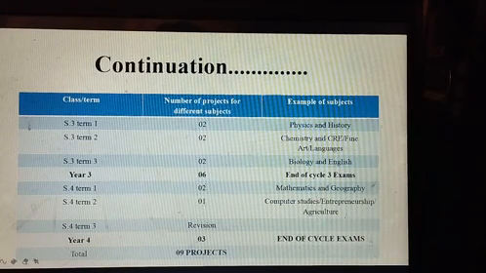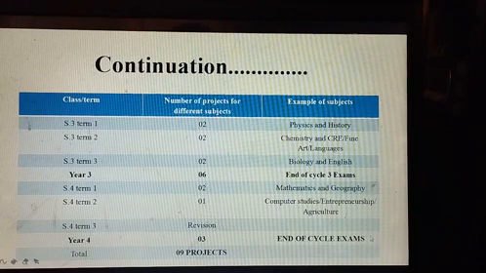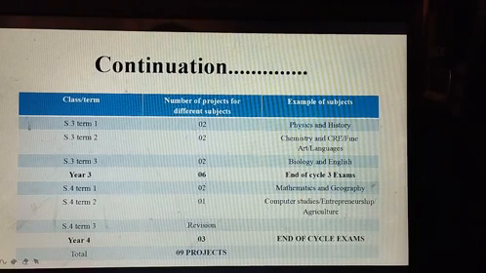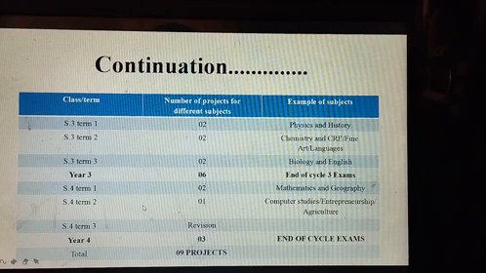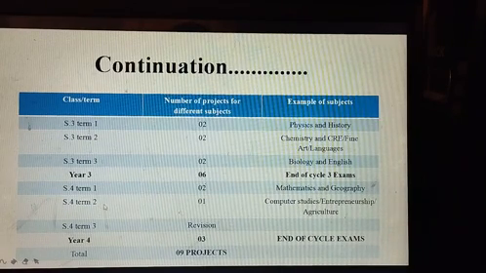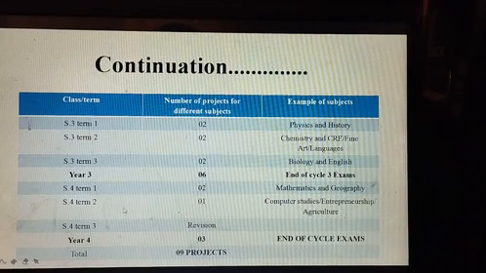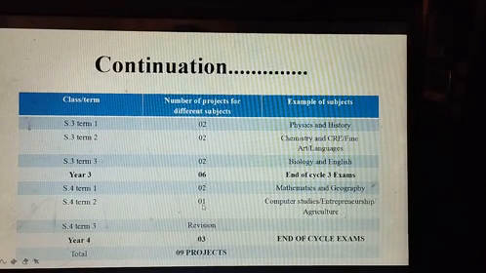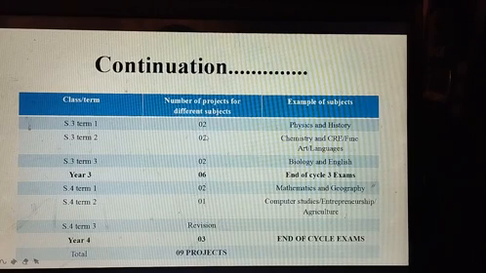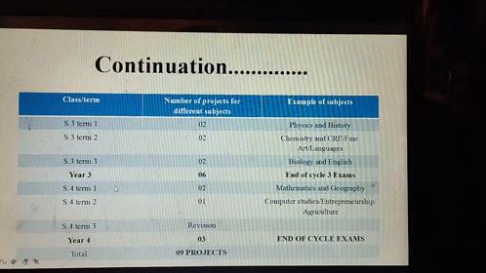That's why we decided to let the project work end in senior 4 second term, with only 1 project.